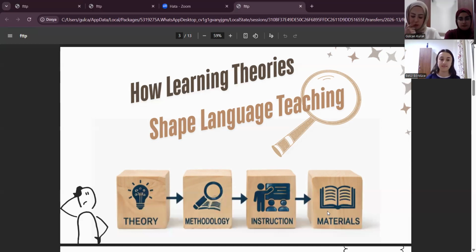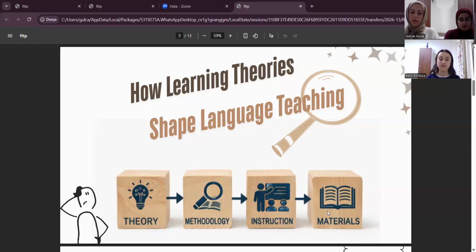For example, if we believe that students learn by building their own understanding, we may use a project-based approach, and we can let students explore and solve problems in the classroom.